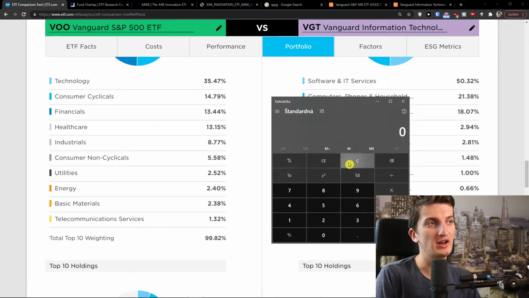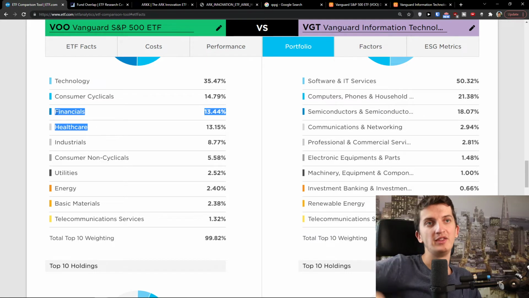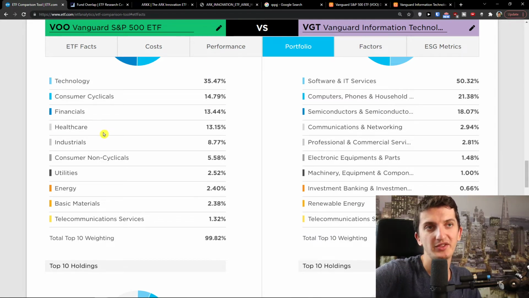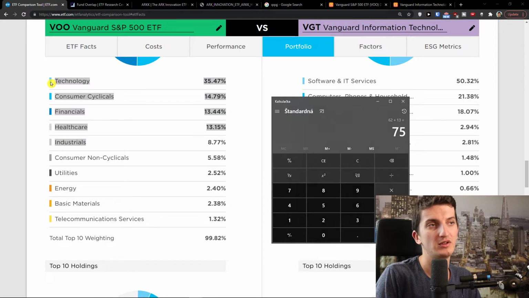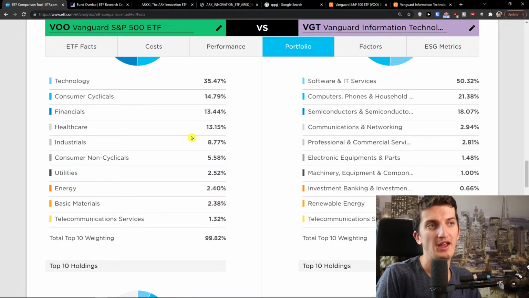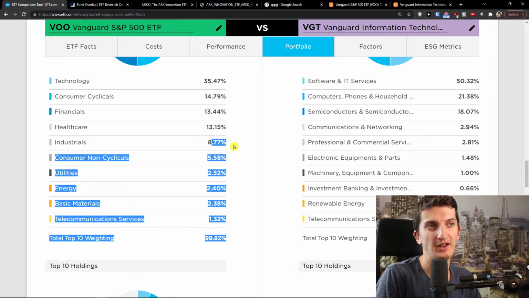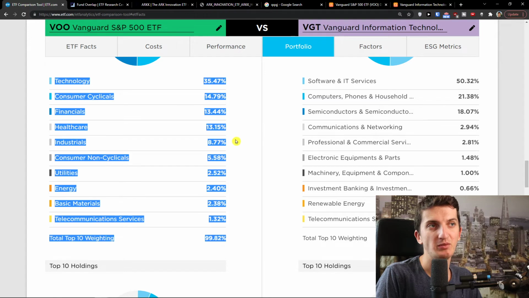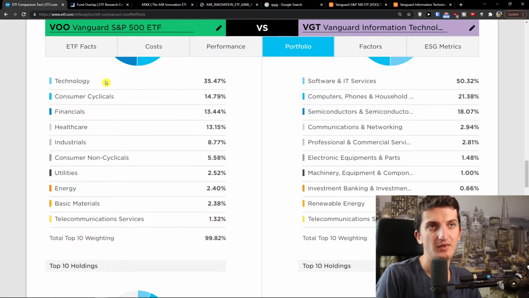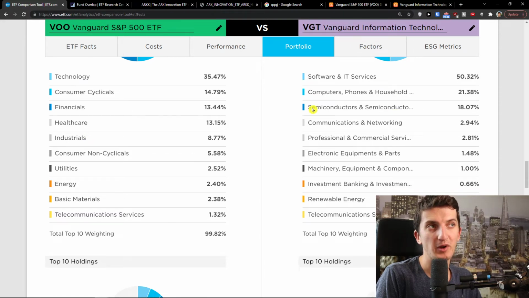Yeah, I like this, okay. So there's like 75% in these 4 segments. With industrials, there's like 83% combined. So these 5, technology, consumer cyclicals, financials, healthcare, industrials, comparing to software, IT services.